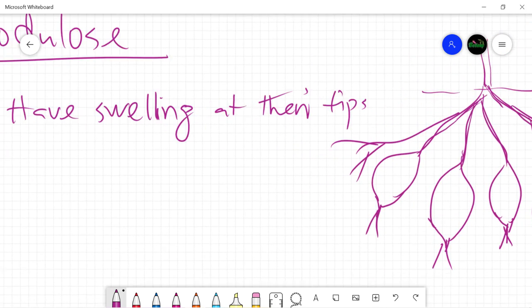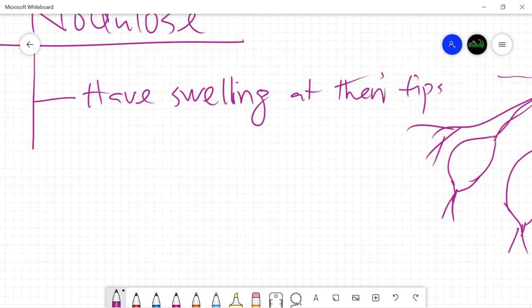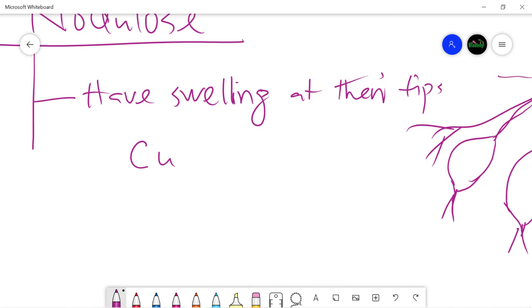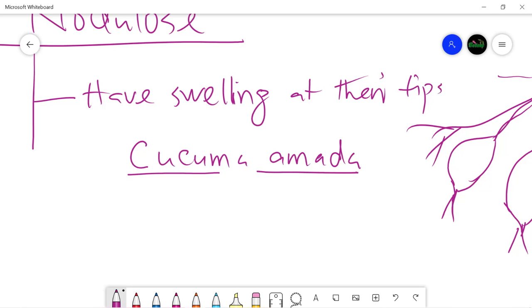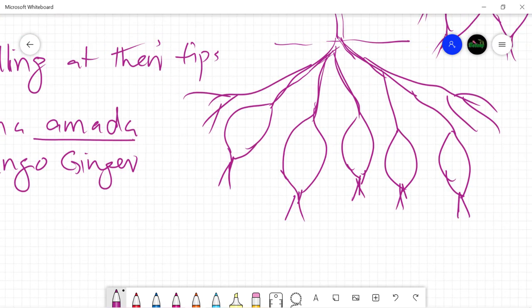And their example is Curcuma amada, what's commonly known as mango ginger. So this is the example of Nodulose roots which have swelling at their tips.